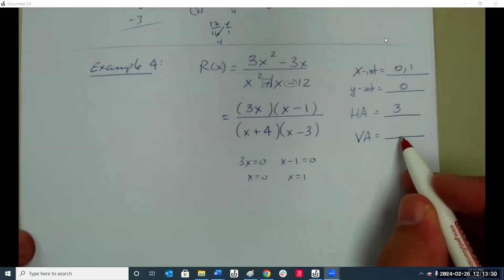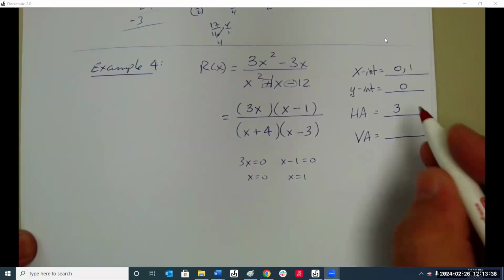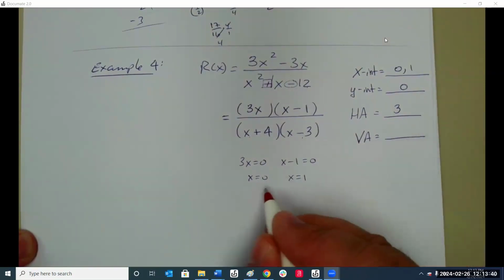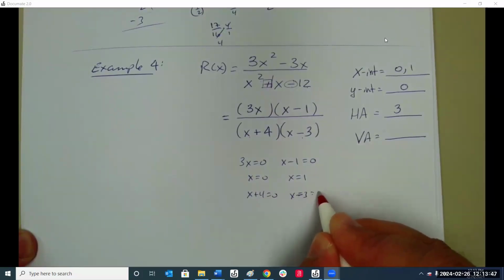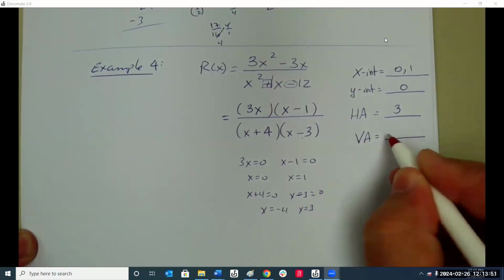What's my vertical asymptote? Yes, I take the bottom and set it equal to 0. So I got x plus 4 equals 0, x minus 3 equals 0. So x equals negative 4 and x equals 3.